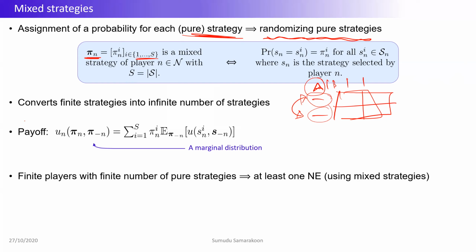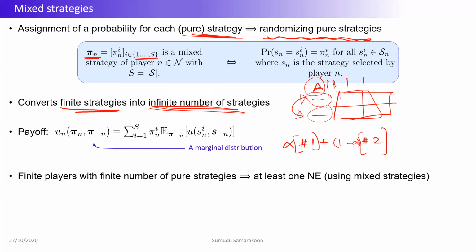So basically that means it converts the finite strategies into an infinite number of strategies. So we can simply say we have action number 1 and action number 2. What we do is assign alpha and 1 minus alpha probability here.